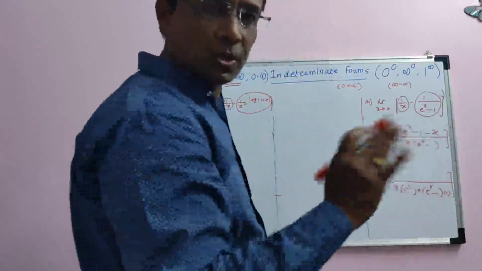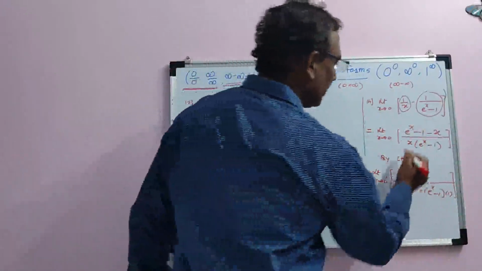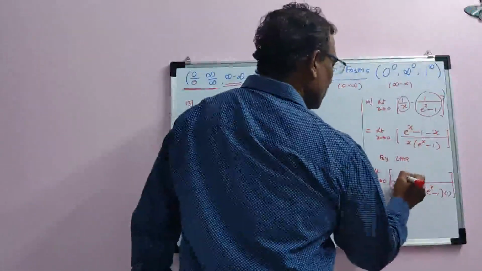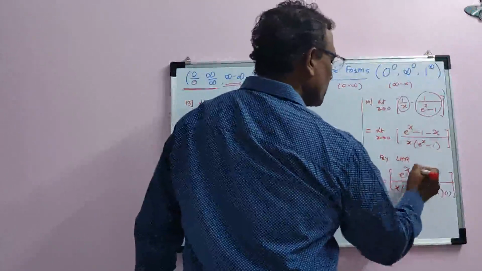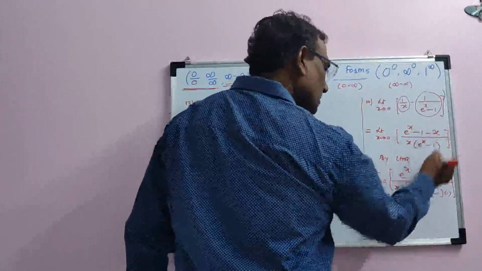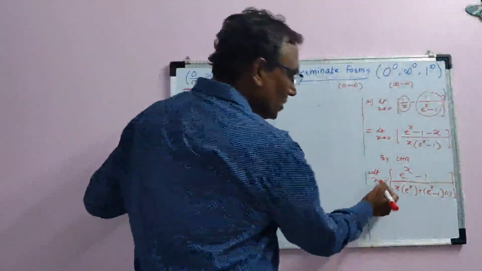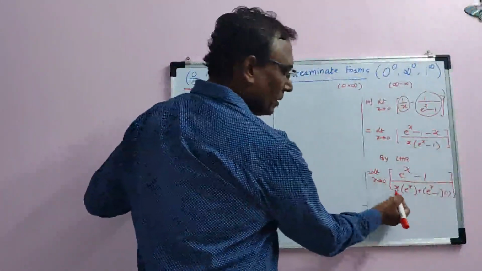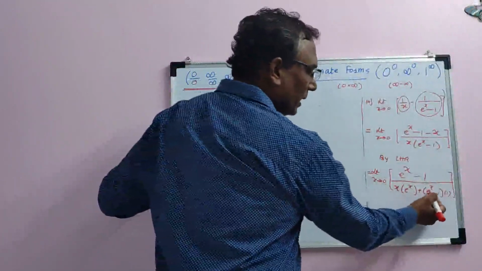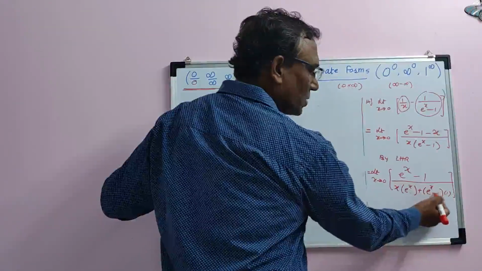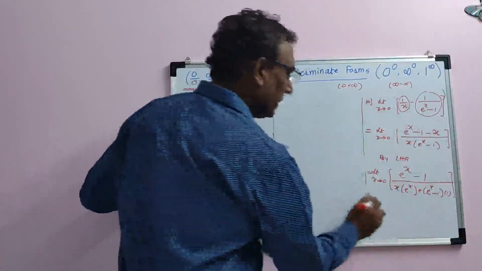Okay, u into v rule, means product rule, I am applying here. Derivative of e raised to x is e raised to x, derivative of minus 1 is 0, derivative of x is 1. Now, if you put x equal to 0 again, the 0 here and e raised to 0 is 1, 1 minus 1 is 0. Again 0 by 0 form I am getting.